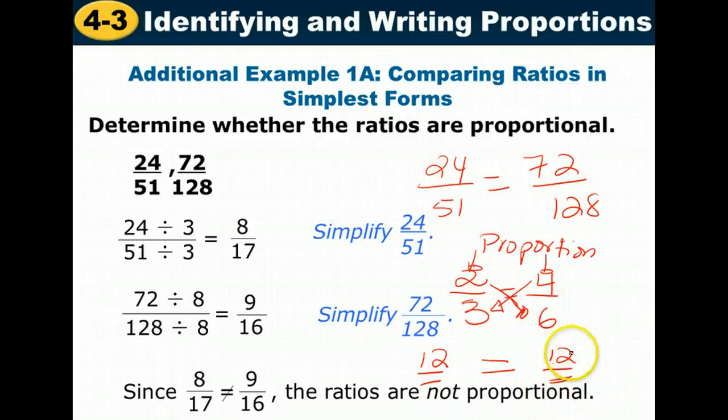So 2 times 6 is 12 and 4 times 3 is 12, which tells me that they have a proportional relationship. We can do the same thing for those other two ratios, and when we multiply those numbers we will realize that they are not proportional.